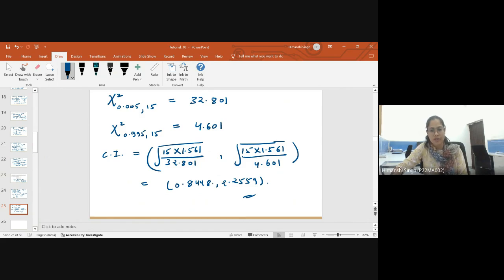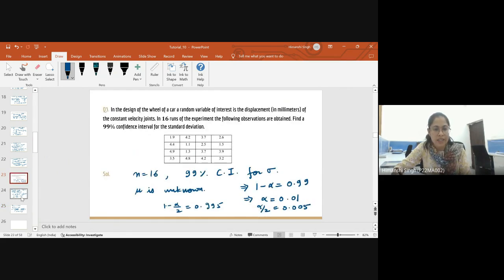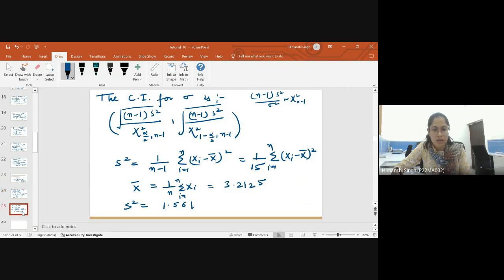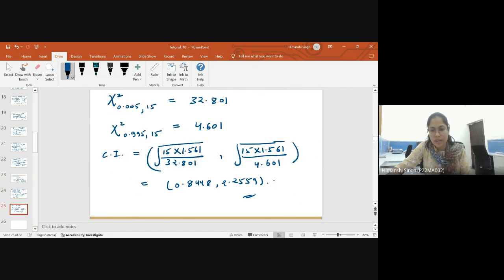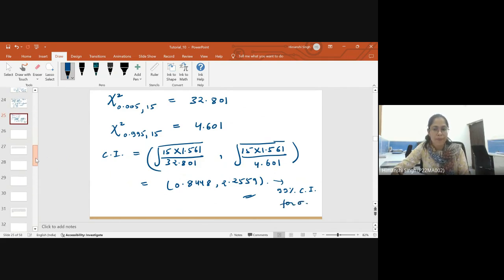So this will be the confidence interval. How much percent? 99 percent. So this is the 99% confidence interval for sigma. Okay, so we are done with this question.